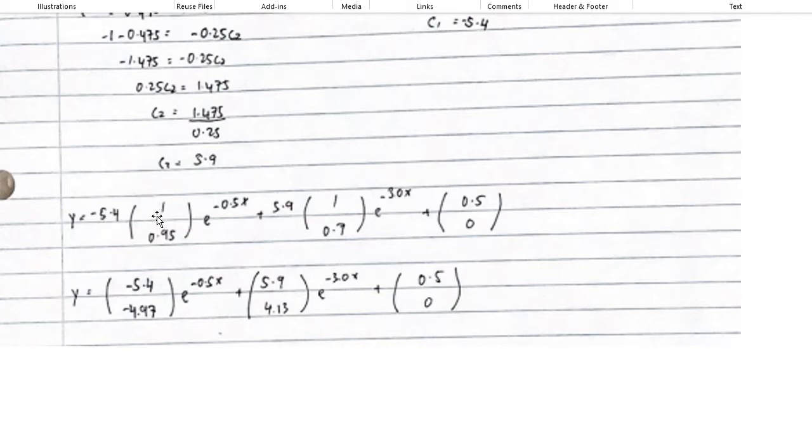Negative 5.4 times 1, negative 5.4 times 0.95. So that's why we get this value. Same goes to this part, 5.9 times 1, 5.9 times 0.7. So that's from me. Thank you.